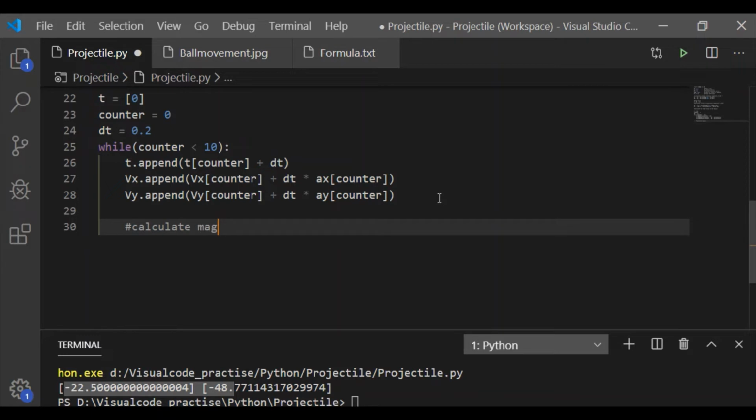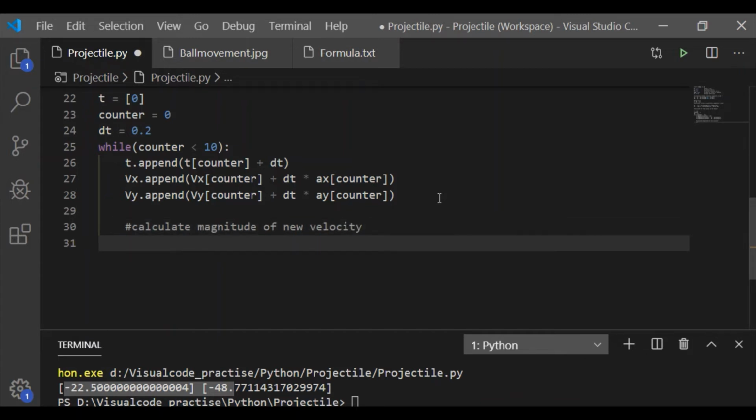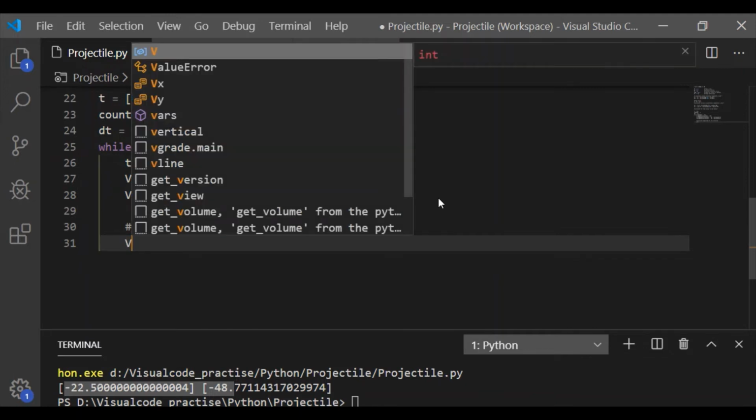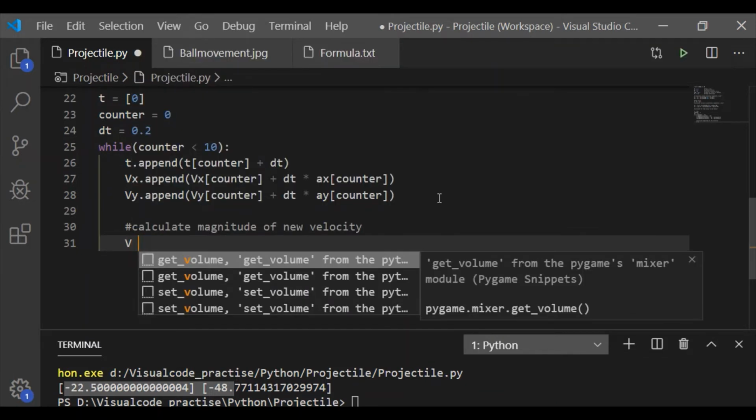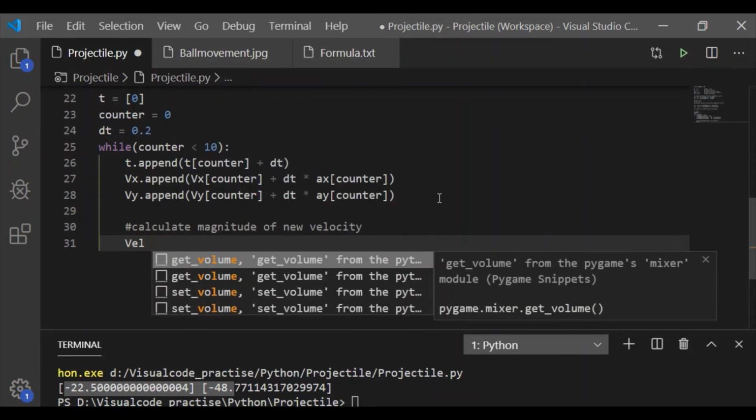Now, as there is change in velocity, let us calculate the magnitude of the new velocity. The magnitude of the new velocity is where the new velocity is equal to the square root of x square plus y square.